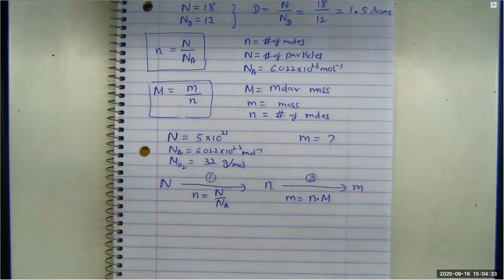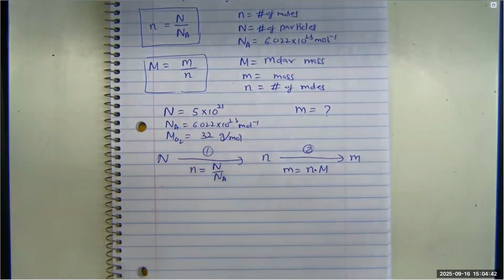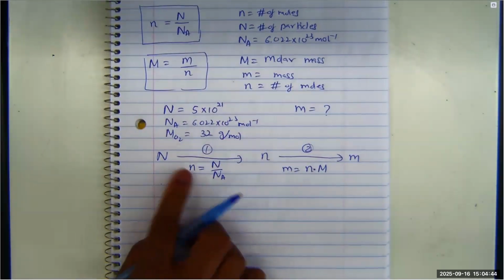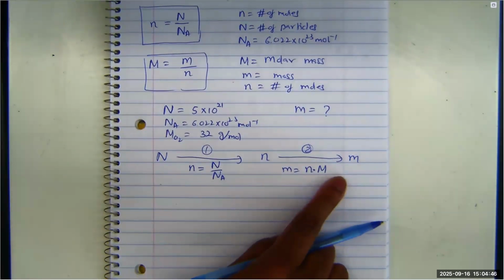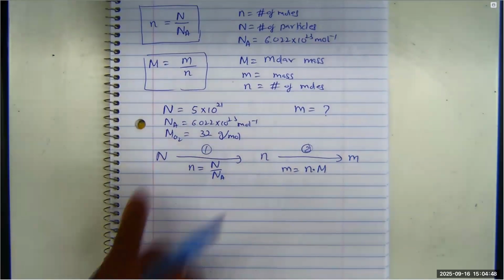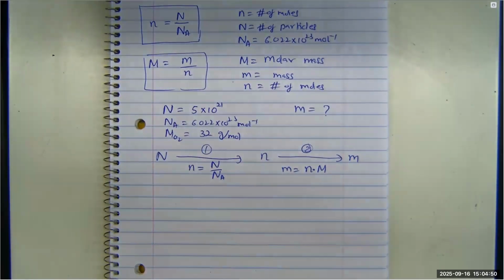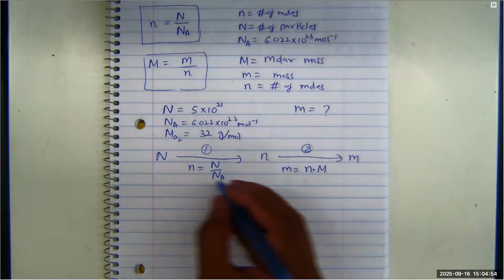Okay, but I'm going to do this myself with you. I already have the numbers. I just need to plug and chug. I don't have a calculator, so that's my excuse. All right, so every time you are asked the mass, and then only given the number of particles, you need to calculate the number of moles. Just keep that in mind.